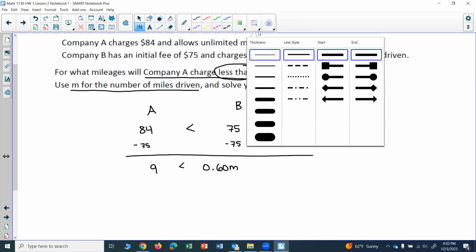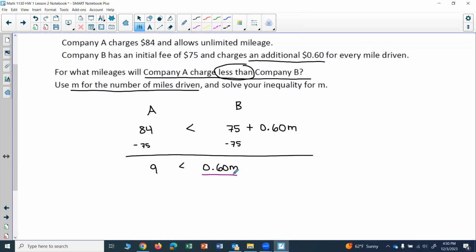I'll divide both sides by 0.60. Now here I'm dividing by a positive, and so the symbol does not flip. So if you divide by a positive number, you do not flip the inequality symbol.